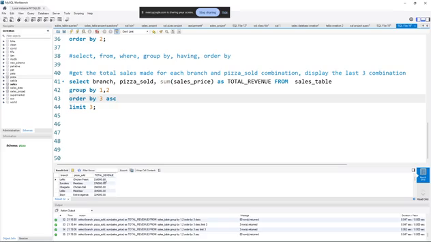It has listed the total revenue from what? From the lowest to the highest. In ascending, you go from the lowest to the highest, right? But they said display the last three, right? That is the lowest three, right?